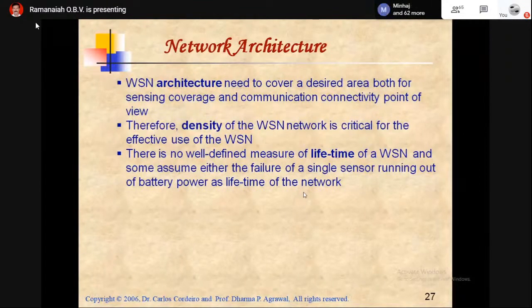And of a given network of all the nodes, if 50% of the nodes are dead, then the network is considered to be dead. That is how you define it with respect to military application. If 50% of the nodes are dead, you are ready to discard the network. This network is not of any value, you say, because the accuracy matters.